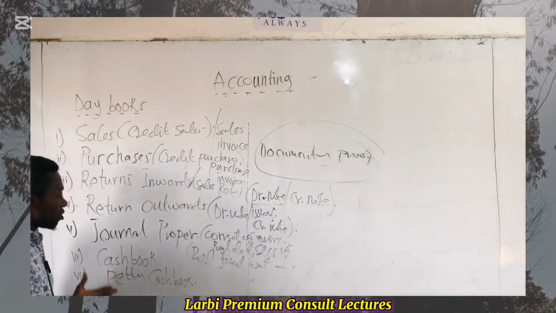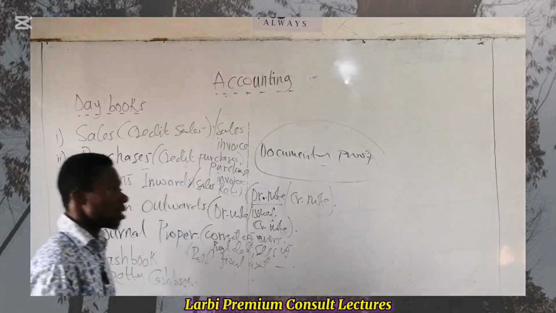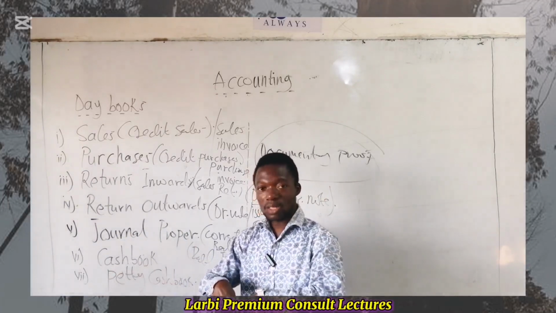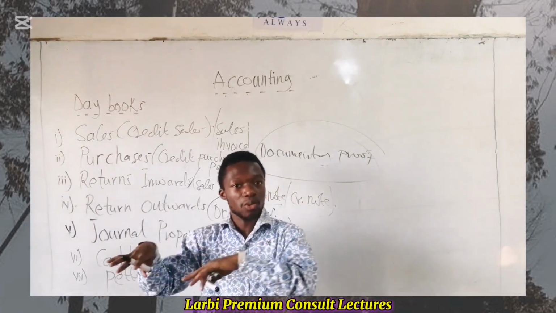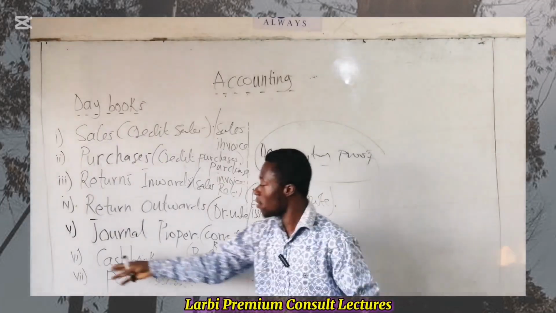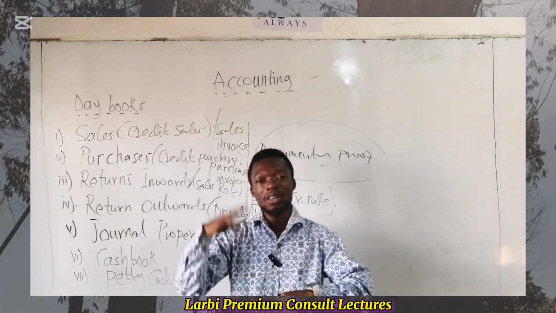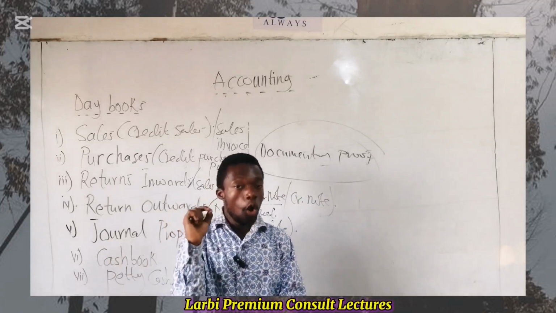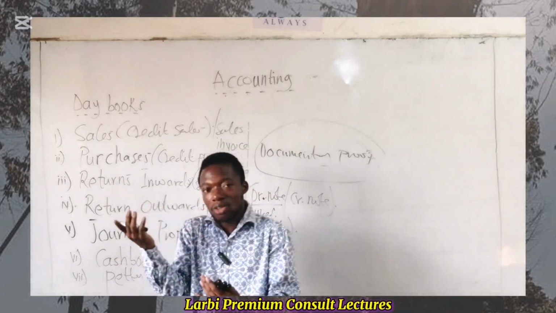How about the cash book and then the petty cash book? When we say a cash book, it is very simple. This means that this book records cash and cash only, right? So here we are talking about the recording of payments and receipts in terms of cash and check only. You know that checks are used in banks.